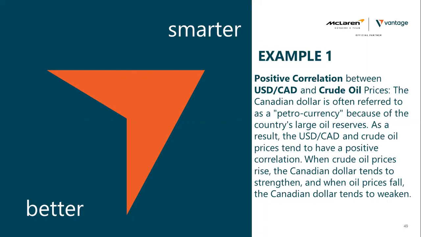So this is the first example when it comes to correlation. Positive correlation between USD/CAD and crude oil prices, right? USD/CAD has a relationship with crude oil prices because Canada is one of the largest exporters of crude oil. Canada exports more than 4 million barrels of crude oil every day.